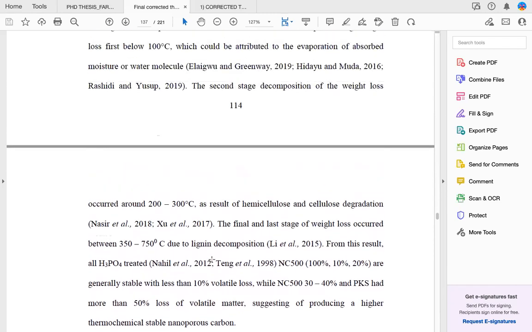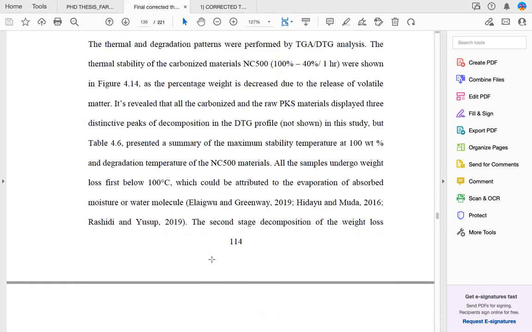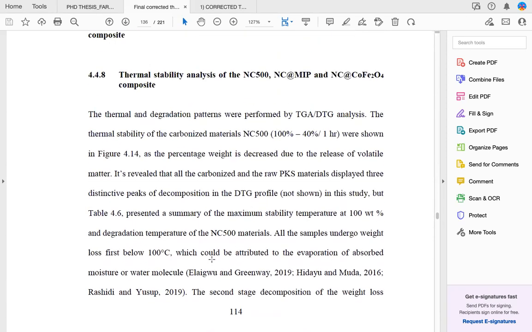Yes, weight loss. And why do you want to look at the weight loss? Some interaction, something happens to the molecules. You want to see what happened to molecules when we introduce temperature. Yes, it's about thermal stability.